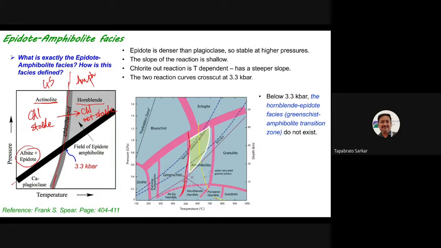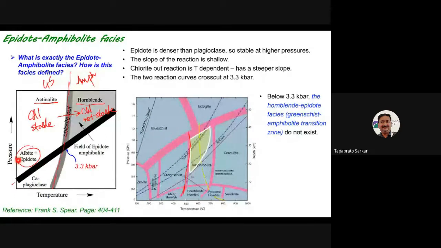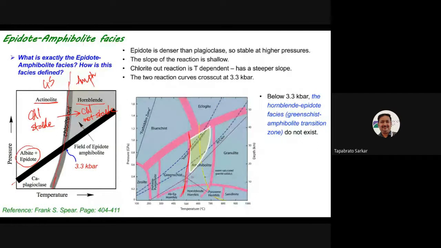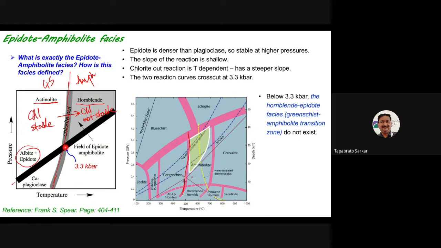Now within this reaction, where albite plus epidote goes to calcium-rich plagioclase, epidote is relatively denser, so it is favored at a higher pressure than the calcium-bearing plagioclase, and therefore the reaction line is kind of shallow. These two reaction lines meet at a pressure of around 3.3 kilobar.